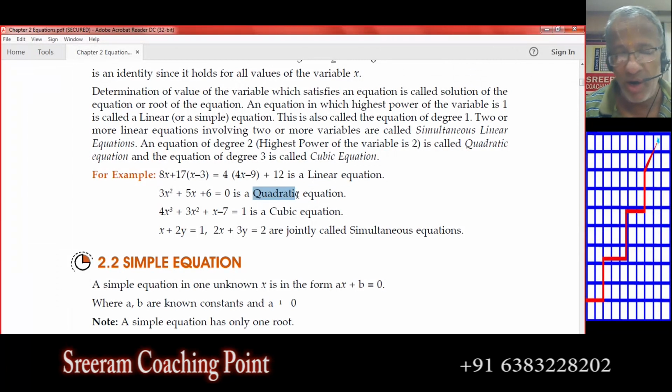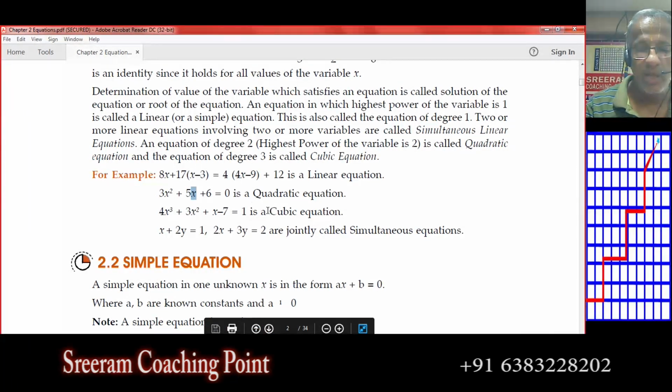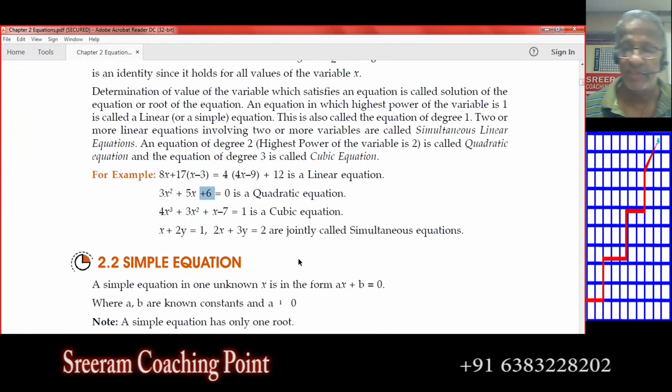Then when you have quadratic equation, you have one variable, but it will have x to the power 2 as well as x to the power 1, with or without a constant. Then you would have cubic equation. What is a cubic equation? A variable where it will have that variable to the power 3 as well as 2 as well as 1, with or without constant, and you will have some value on the right hand side.